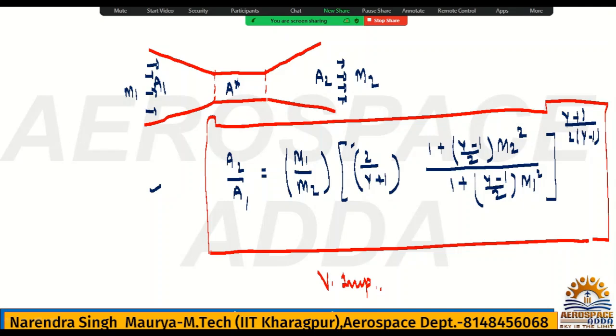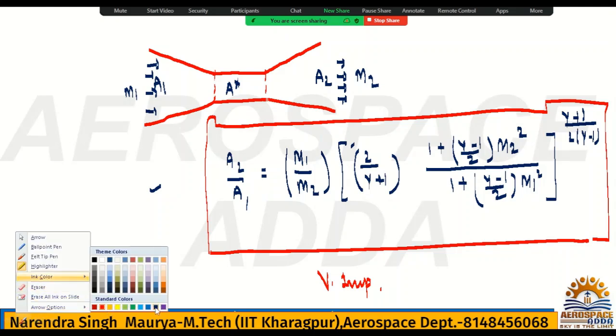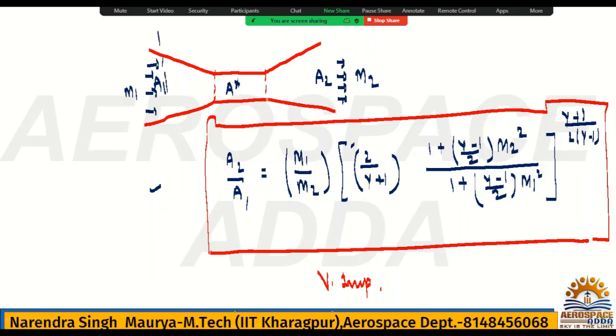Now it is clear where A1 is and where A2 is. I take one region where the area is A1, and this is another region where the area is A2. For that, this is the formula.